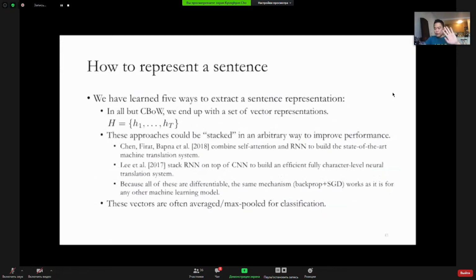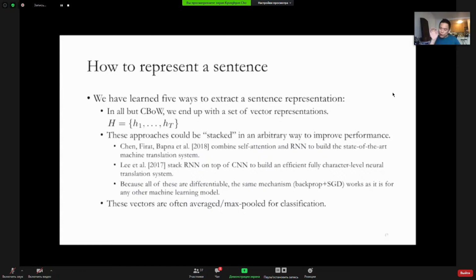So we just learned 5 ways to extract sentence representation. All of them, from continuous bag of words onward, end up with a set of vector representations. And then we can stack all these different approaches in order to get the best out of all these sentence representation extraction methods. And then you can make a trade-off between computational efficiency and statistical efficiency in most cases.